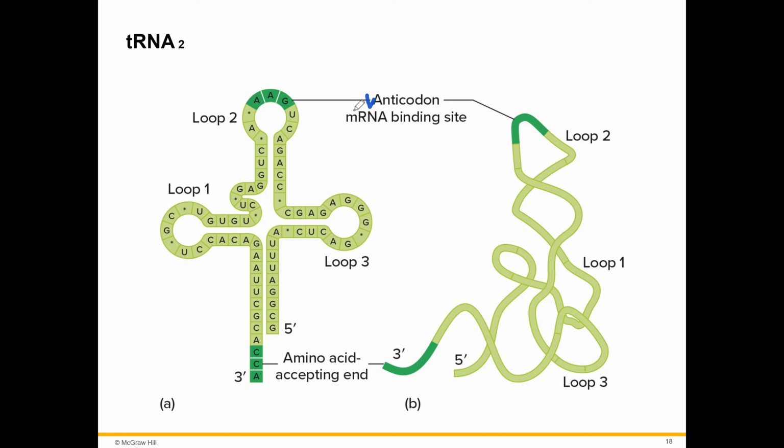This is called the anticodon. The anticodon of the tRNA is going to bind to messenger RNA. And on the other side, we will have the amino acid accepting end. So the amino acid is going to bind to this end. And it'll make sense when we start talking about protein synthesis.